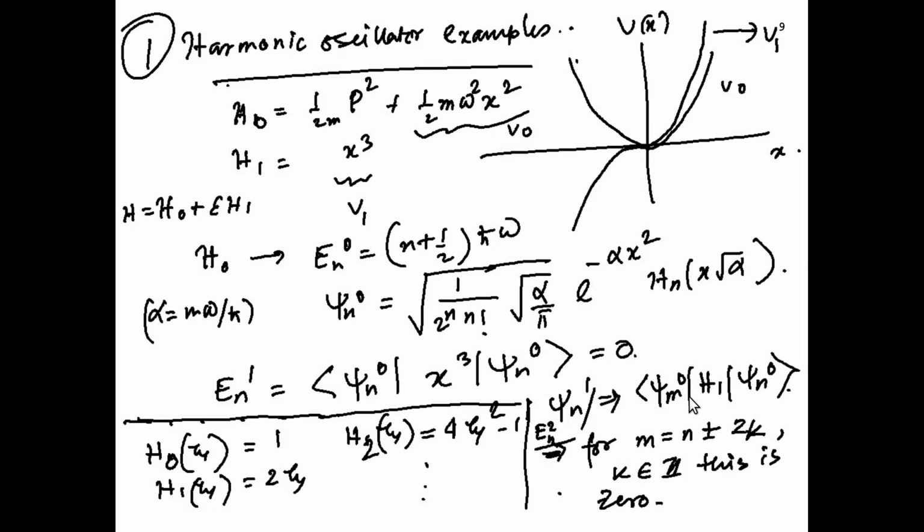Then psi n0 psi m0 together is an even function, and H1 itself is an odd function, so the whole thing is an odd function. So it is okay, what is written here is correct. If m is equal to n plus or minus 2k, where k is an integer, then it is 0. We know that immediately from staring.